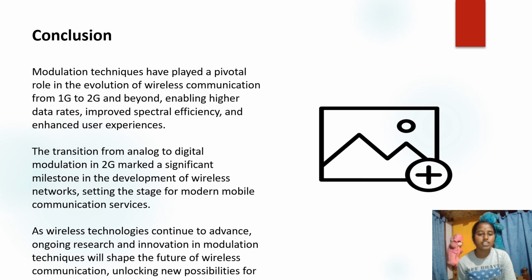The transition from analog to digital modulation marked a significant milestone in the development of wireless networks, setting the stage for modern mobile communication services. As wireless technologies continue to advance, ongoing research and innovations in modulation techniques will shape the future of wireless communication, unlocking new possibilities for communications.